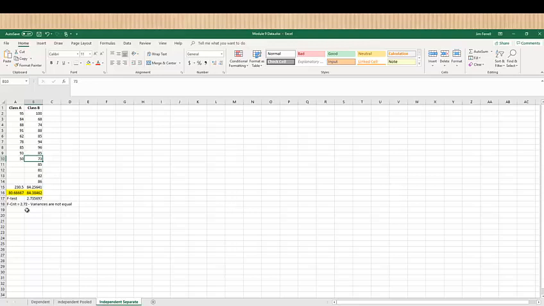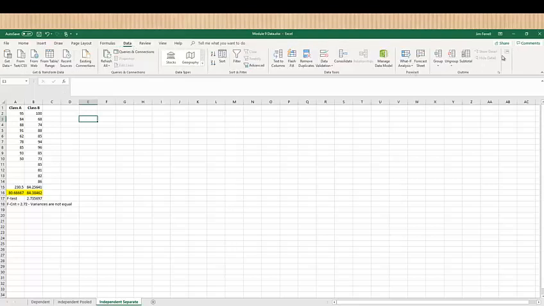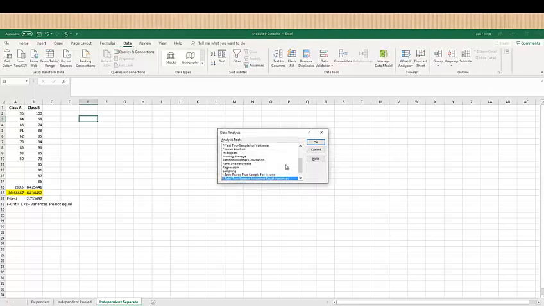And so because we have unequal variances, we're going to use the independent separate variance test. Again, we simply go to Data, go to our Analysis Toolpack, and this time we're doing a t-test two-sample assuming unequal variances.